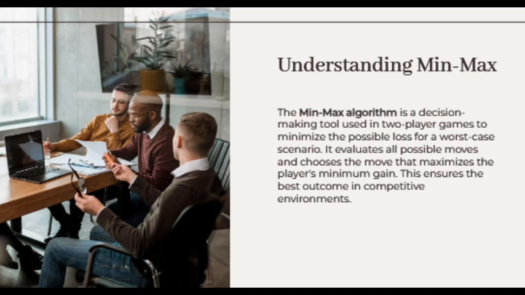So let's imagine playing a game where we can score either 10, 0, or minus 10. Either we gain 10 points or we lose 10 points, or it's just 0. So we can play like that.